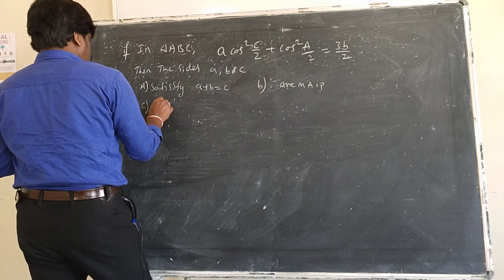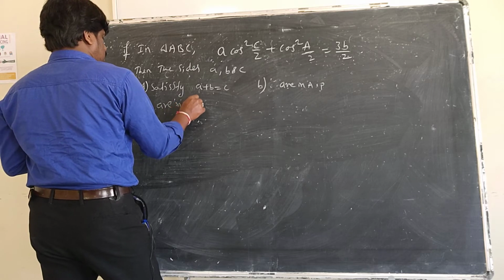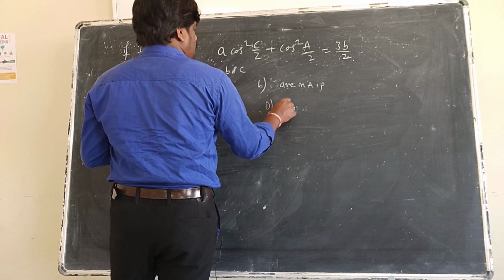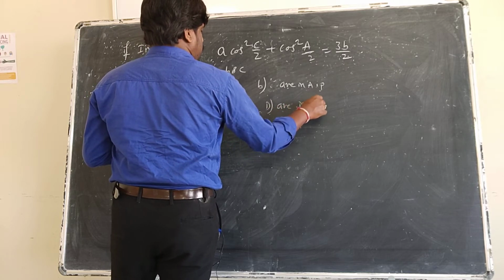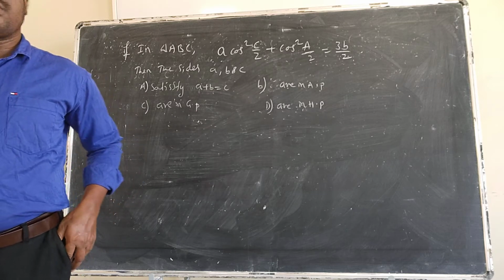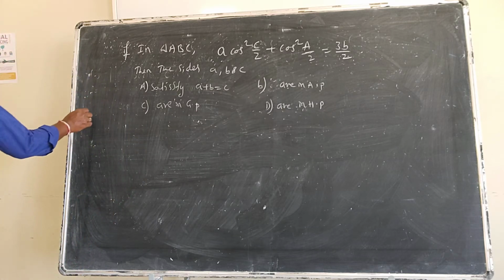Okay, so we have successfully completed sine rule and cosine rule, as well as projection rule. I even covered board questions and JEE questions. So let us discuss this question now.